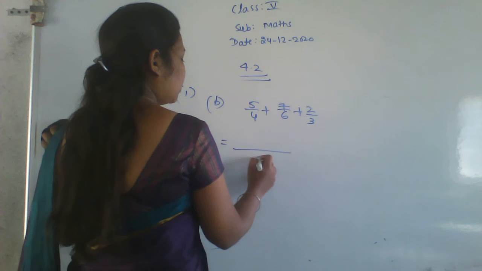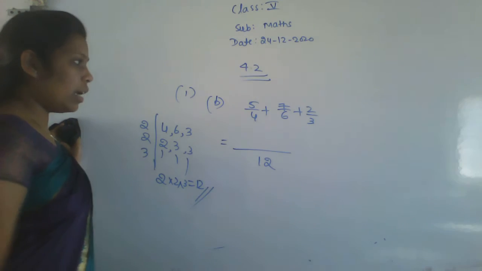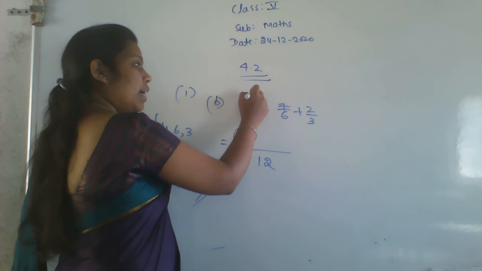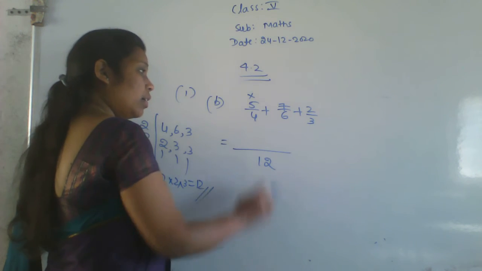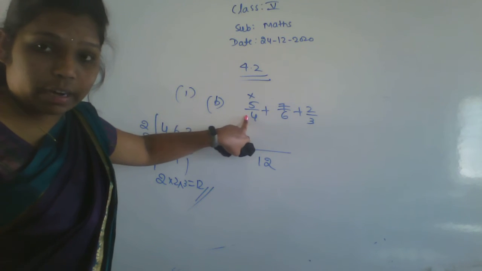Okay, so now make them as, see here, 5 by 4. All the denominators should be 12 only. So what do we have to multiply here to get 12? See here, 4 3s are 12.